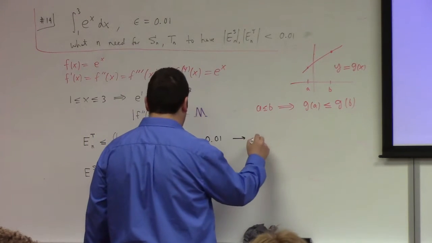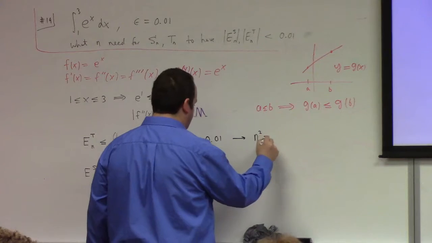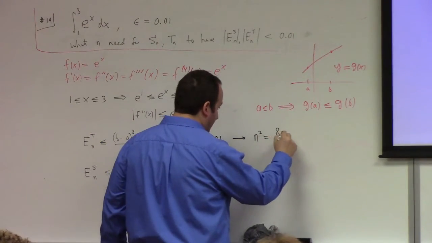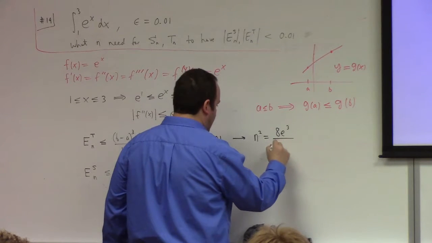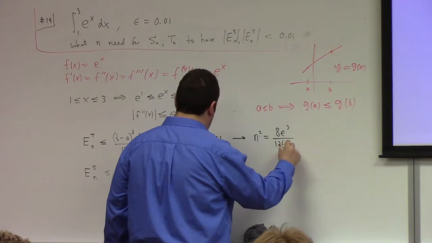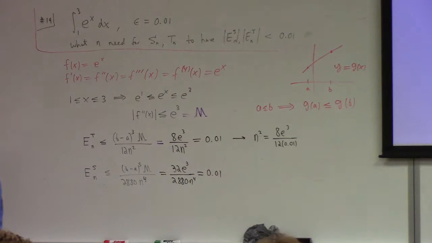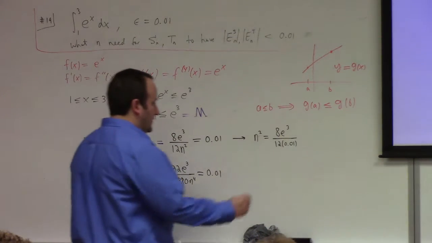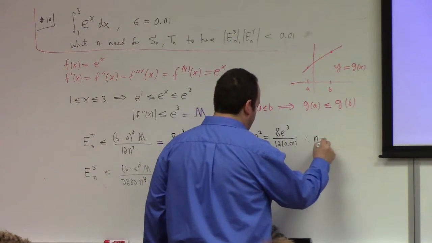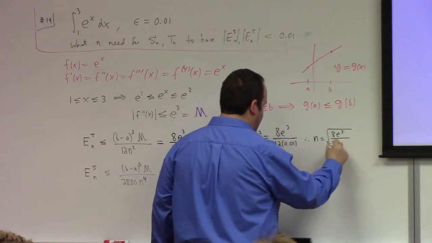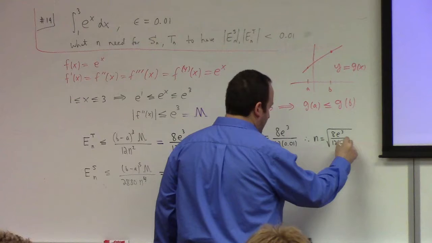Yeah, sure. This is what? This is n squared equals to what? 8e cubed divided by 12 times 0.01, right? So therefore n is something like the square root of 8e cubed divided by 12 times 0.01.